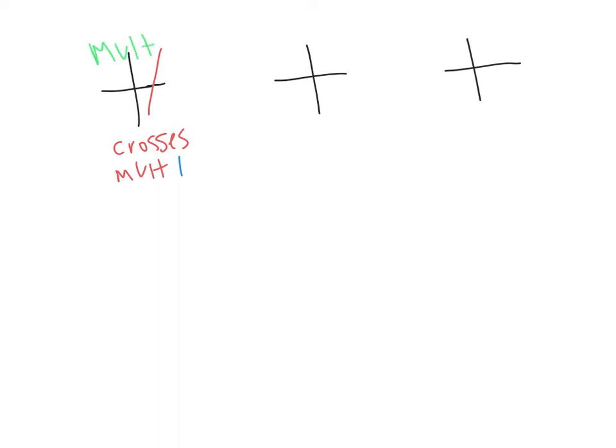So if I were to have a graph, and the equation actually crosses the x-axis, so if it crosses the x-axis, it has what we call multiplicity of 1. So again, let me title this. This is all based on multiplicity.